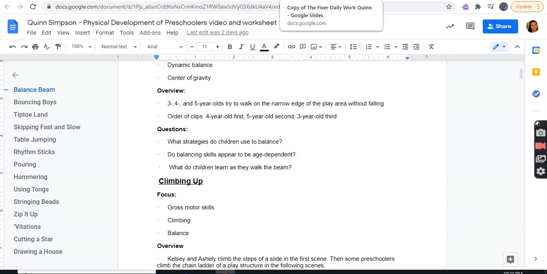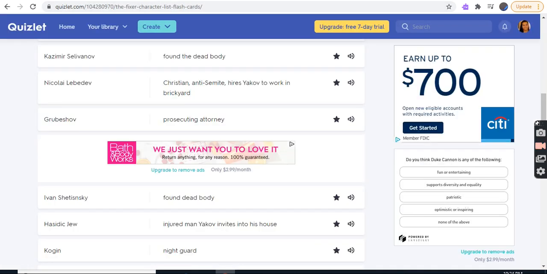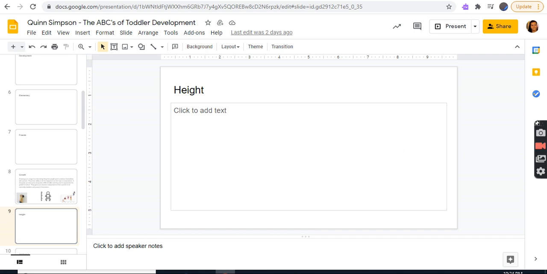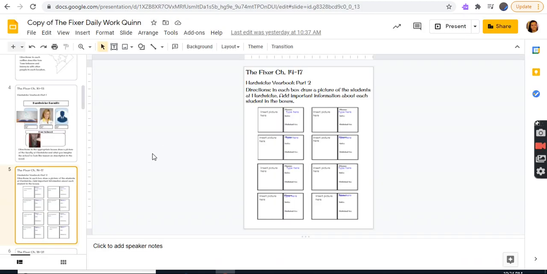I have two child development assignments that I have to catch up on, and I also have this to fix up, and I also have this to work on. I have like four assignments that I need to catch up on, and some math assignments that I need to look at.